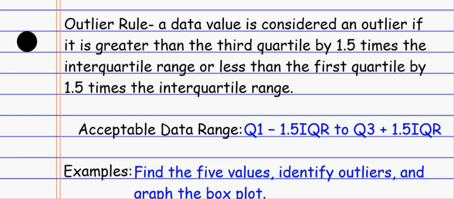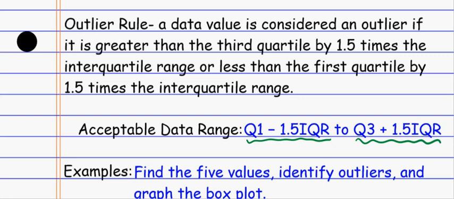And that seems complicated. But when we look at it in terms of a formula, we just take the first quartile minus 1.5 times the interquartile range, and that basically gives me the lowest acceptable data value, okay? And then we do quartile 3 plus 1.5 times the interquartile range, and that gives me basically the highest acceptable data value.